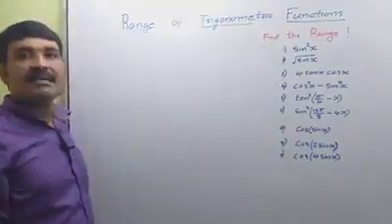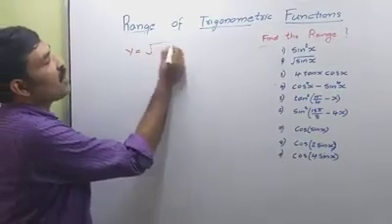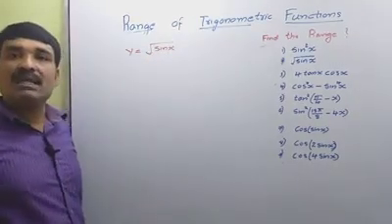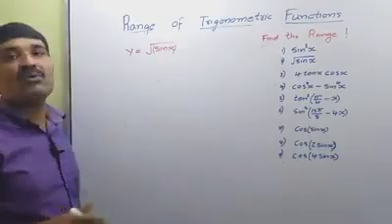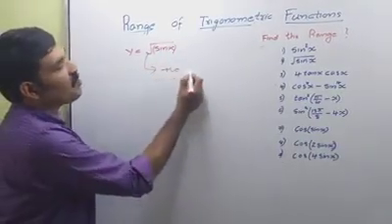Okay. Second question, that is y is equal to square root of sin x. Since the square root is a positive quantity, the term inside the square root should be positive.